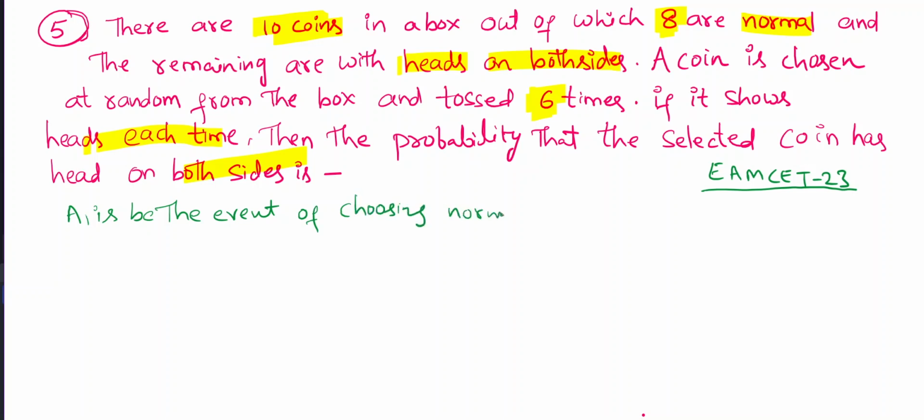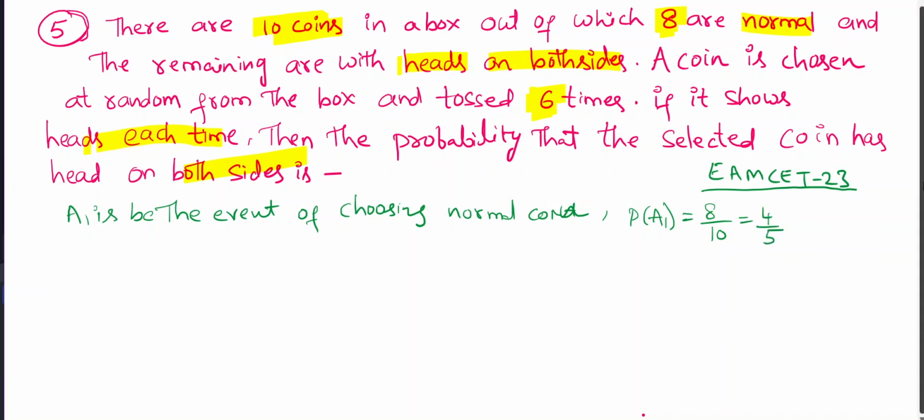The normal coins are 8. So P of A1 is equal to 8 normal coins out of 10 coins, 8 by 10, which is equal to 4 by 5.